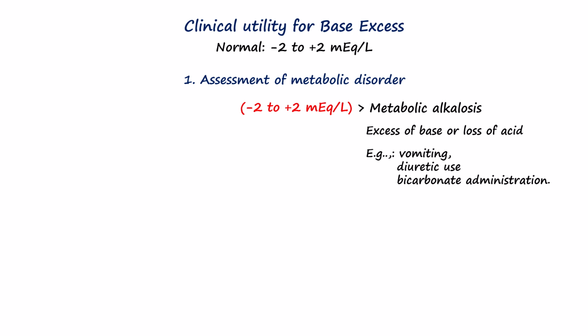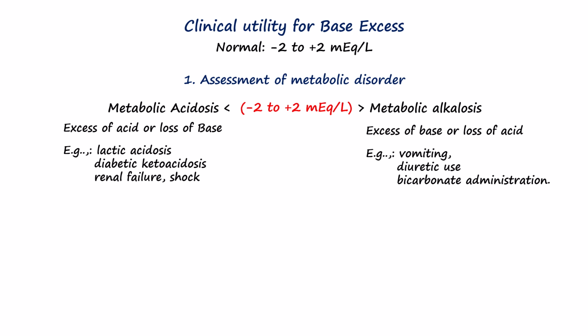Base excess lower than -2 millimole per liter or mEq per liter indicates metabolic acidosis or excess of acid or loss of base. Negative base excess is also called base deficit. In both the situations, the more the value deviates from the normal value, the more is the severity of the condition in question.